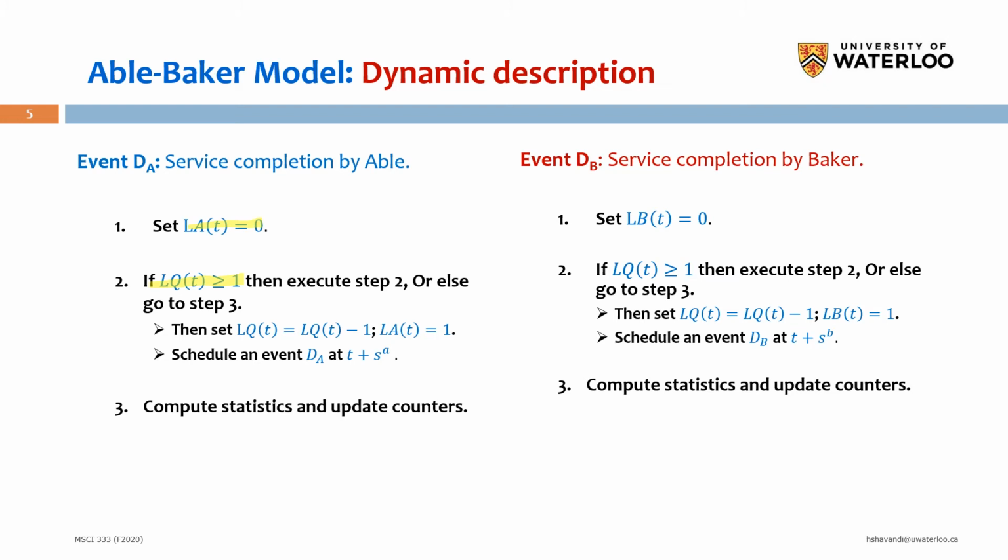Then at first we reduce the number of customers waiting in line by 1, and then change the status of Able to busy, and then we need to schedule a departure event at time t plus SA. Okay, and that's it. And then at the end we compute the statistics and counters, and that's it.